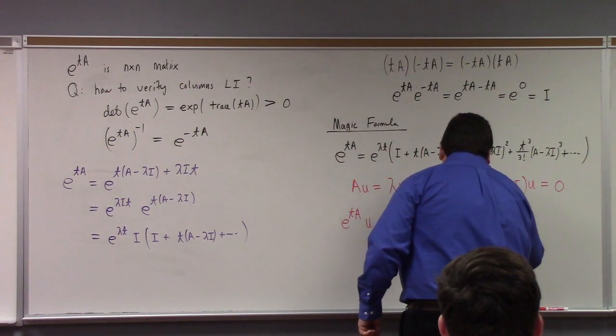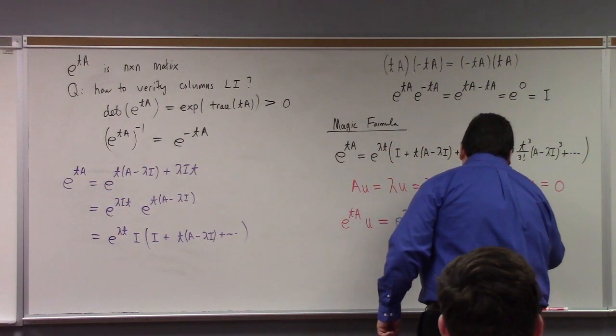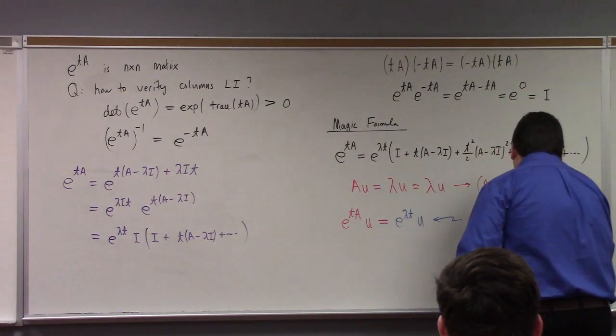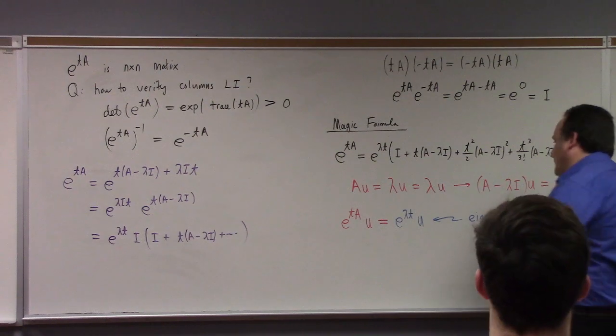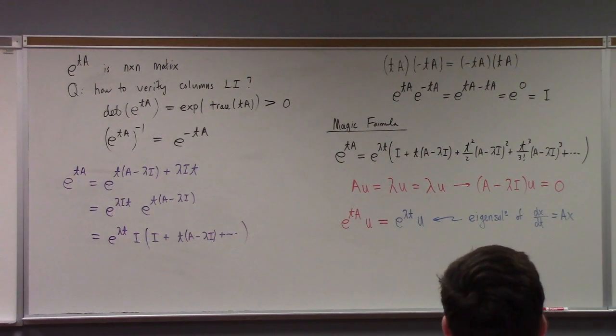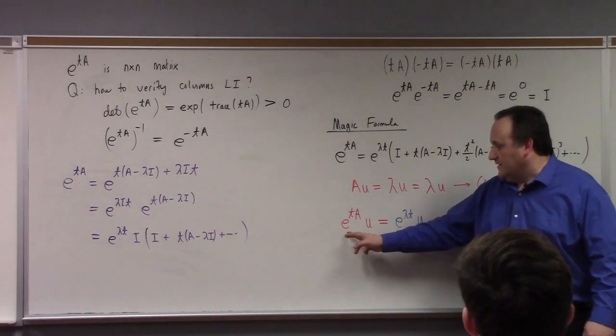This is known as the eigensolution of dx/dt equals Ax. It is the solution which is constructed simply by an eigenvector. You'll find these in Lay. Why does that work? Why does this make sense? What is a matrix times u?